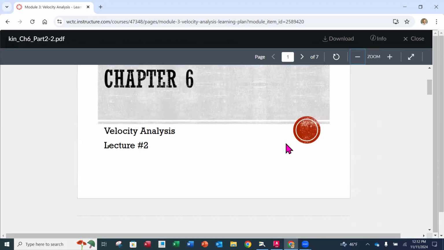Okay. So we're going to continue on in chapter 6. We're building on what we learned the last time in velocity analysis. If you recall, the last time we were dealing with really just one link, and as it was either rotating or going in a straight line, how fast was it going? And we were looking at angular velocity, how it relates to straight line velocity, or V, okay?